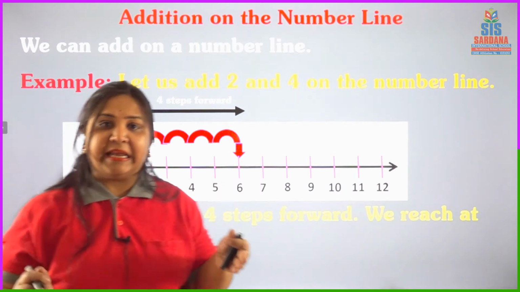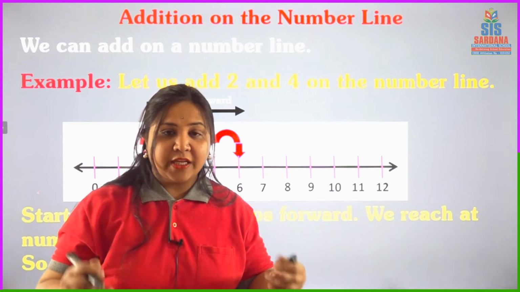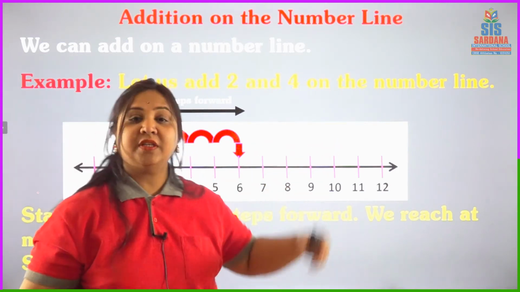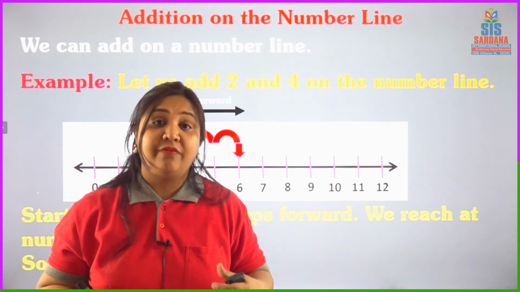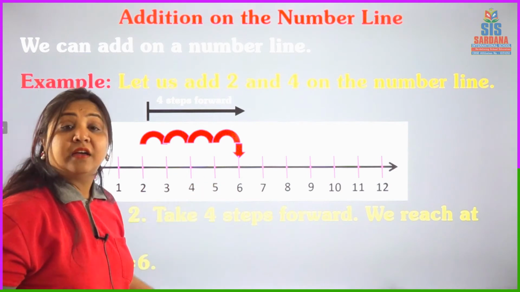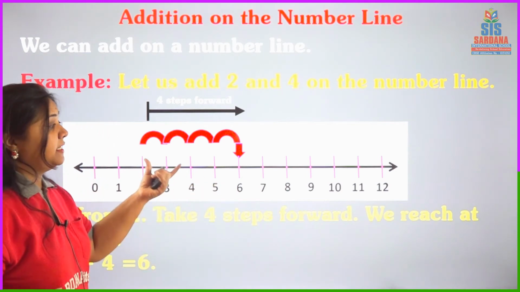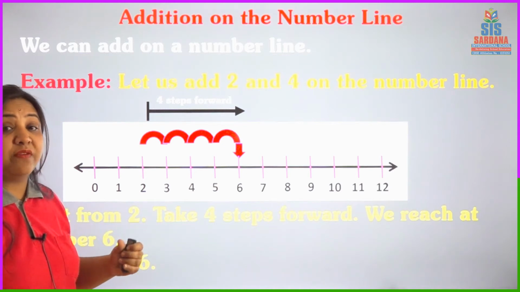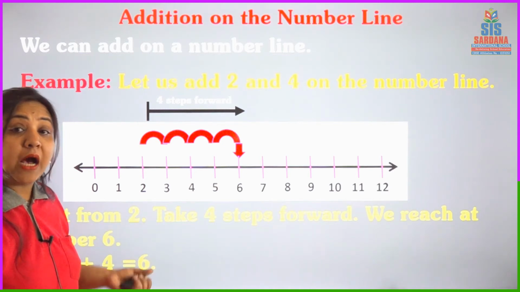Railway tracks, patri, rail ki patri, have you seen? So on that lines are there and separations are given like these separations. So this is looking like railway track only. And on this railway track we have written the numbers. That's why it is number line.